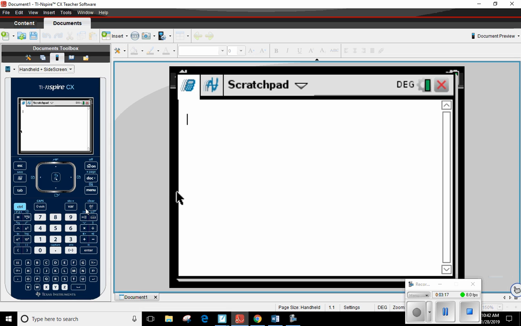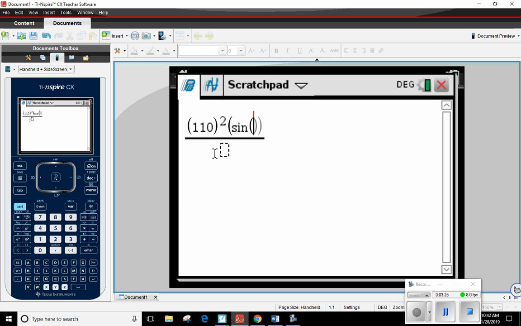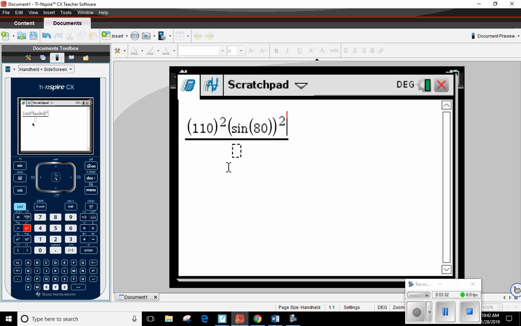Now I'm going to go ahead and type it in using my keyboard and mouse. So let's see here. Okay, so 110 squared, parentheses, sine of 80. I want to go ahead and square that. Remember, because squaring that will square the trig function, not the 80 that I'm plugging in. And then down here, I'm going to plug in 2 times 9.8.